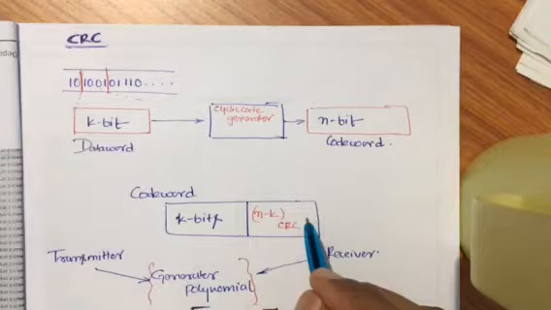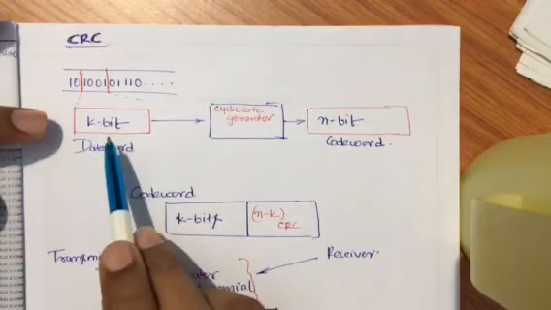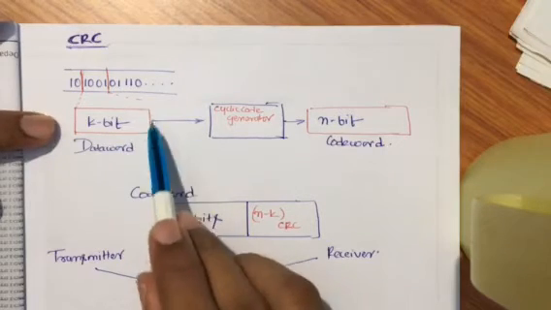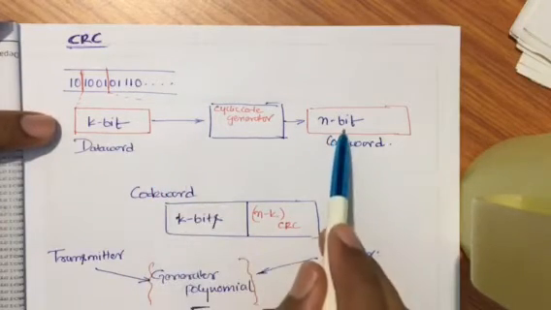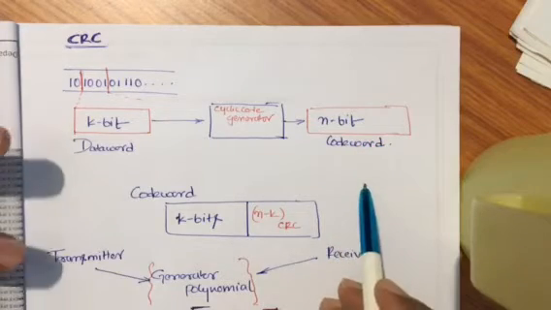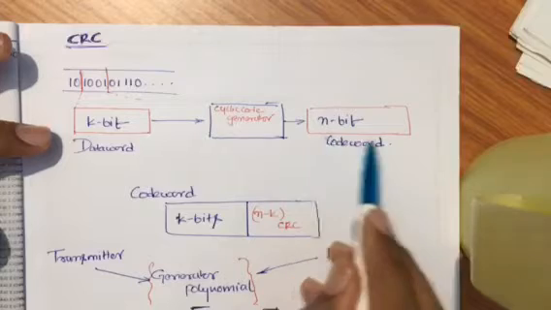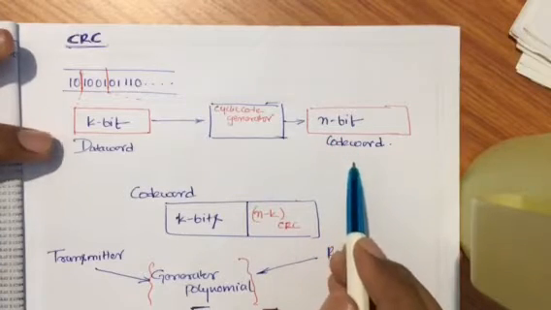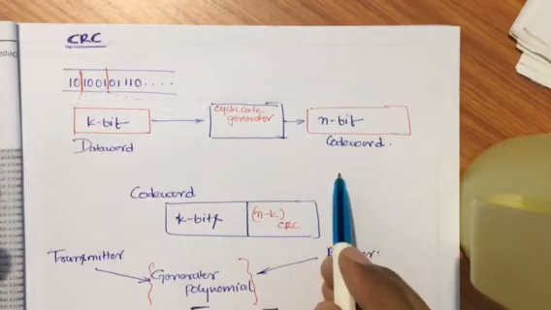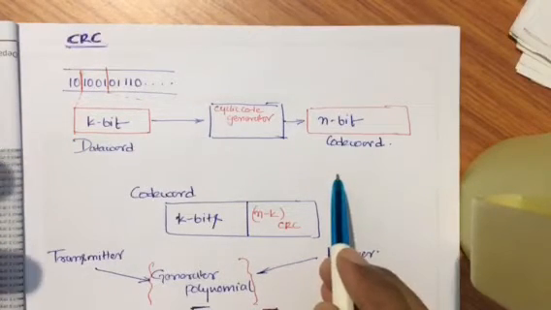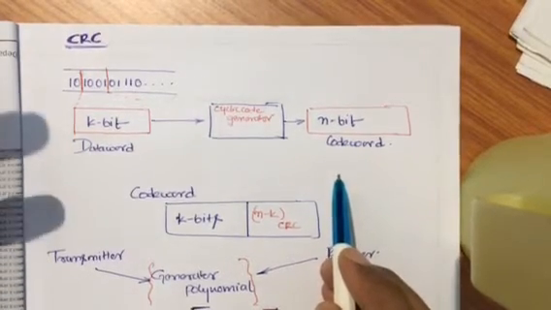Basically, why we do the cyclic redundancy check is that whenever I'm transmitting these k bits of data by appending some redundant bits, at the receiver end, if I perform some operation on this n-bit code word, I can find whether my received data has some error, or is error free.